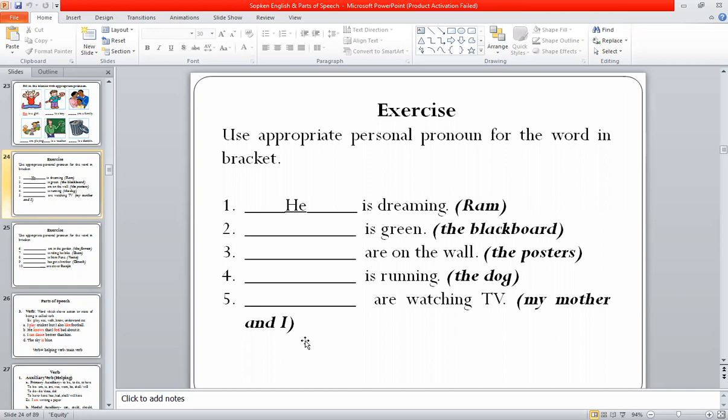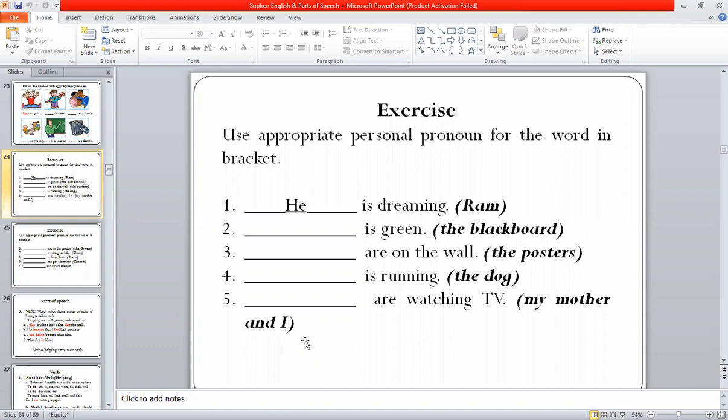Then the next is the dog is running. What will be the pronoun? Yes, he. We can use he or we can use it here, because the dog is not a small puppy. If there is a small puppy, then we can use it for that puppy.